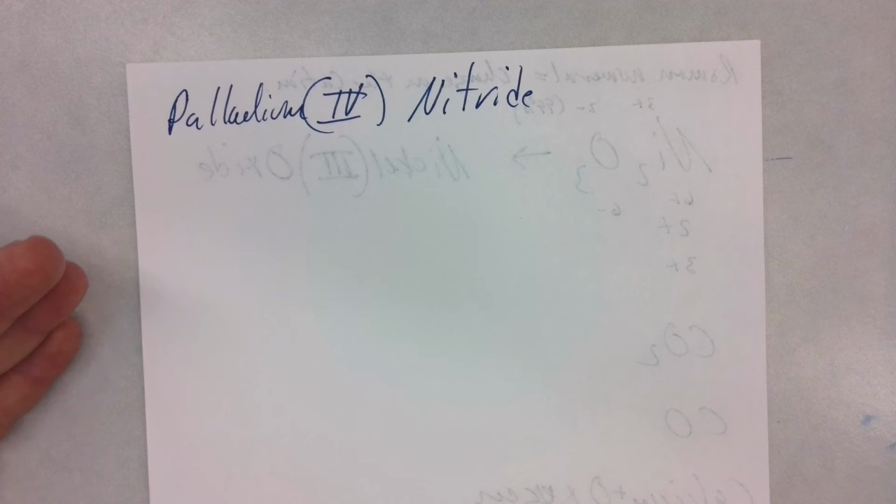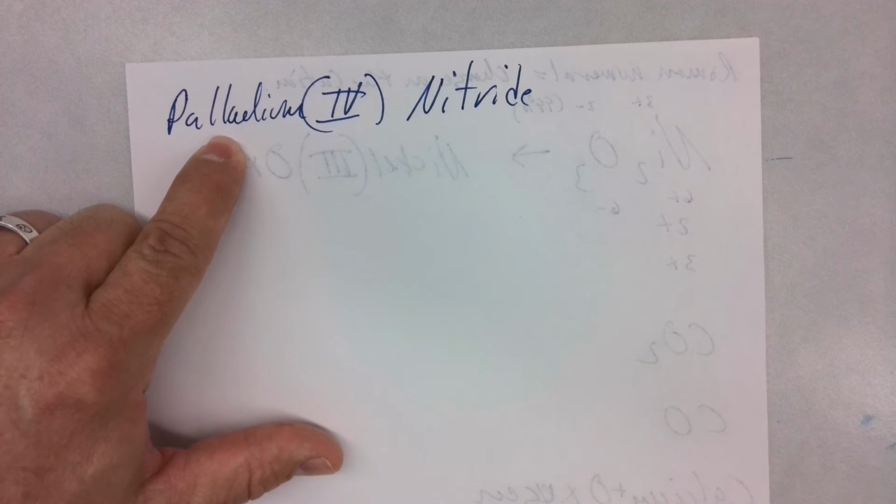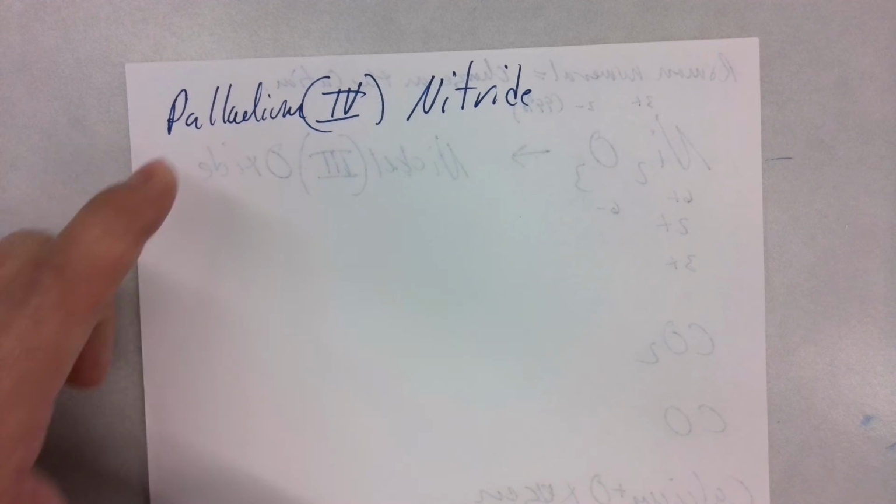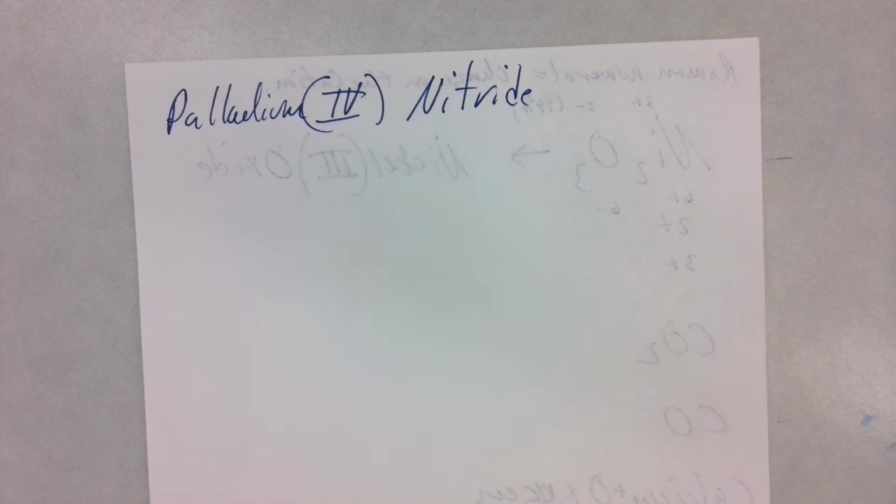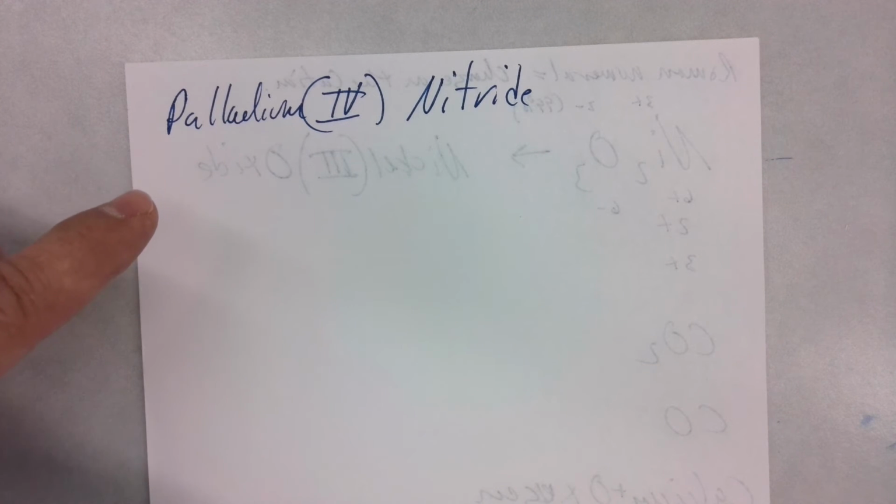Now, what do I know already? The palladium's probably going to be type 2. I know it's a type 2, but where's it at on the periodic table so I don't have to spend forever looking for it? It's probably a transition metal, right? Because that's that area that required a Roman numeral, right?